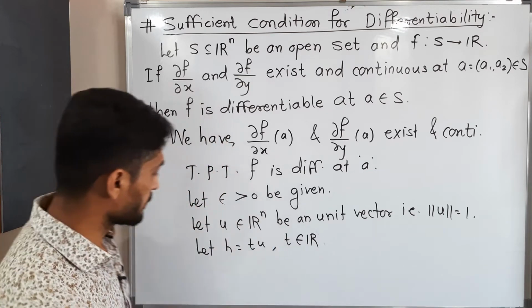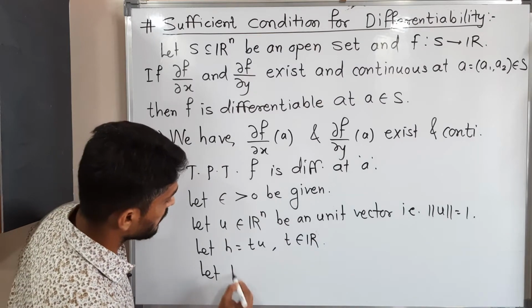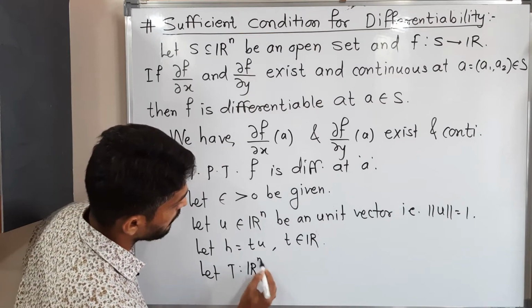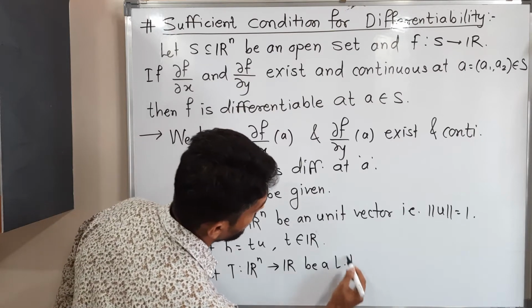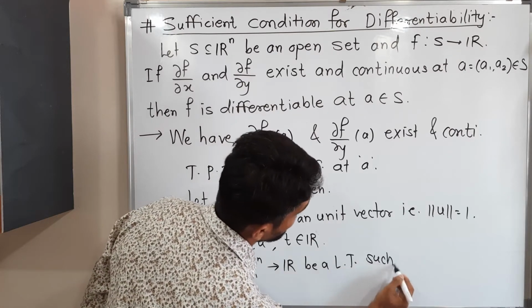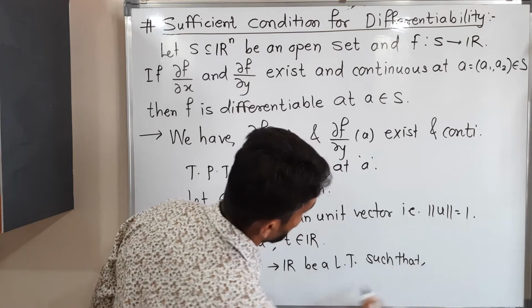So let T from Rn to R be a linear transformation such that I am defining T in this way.